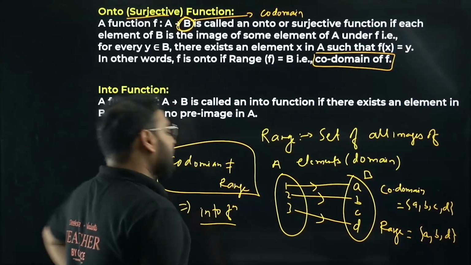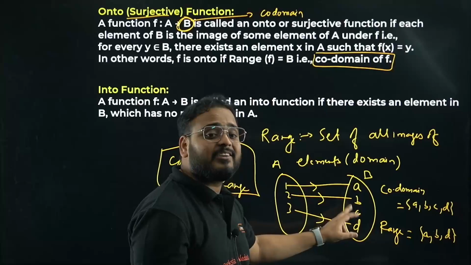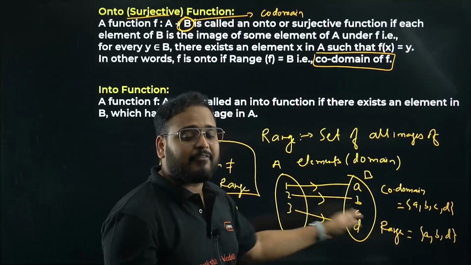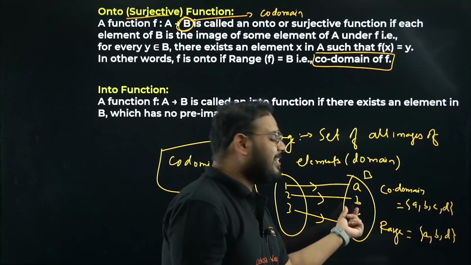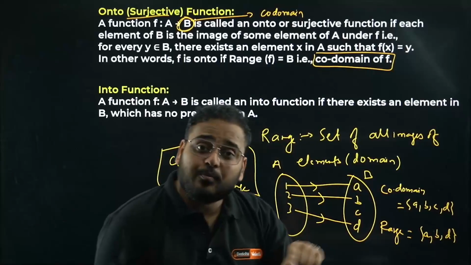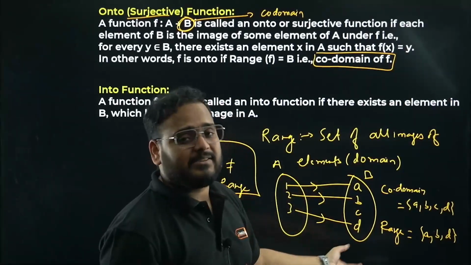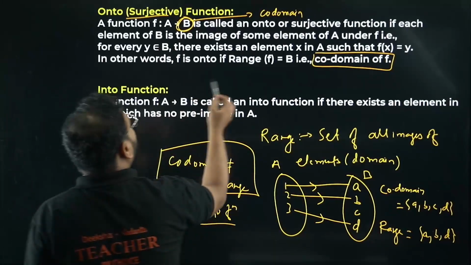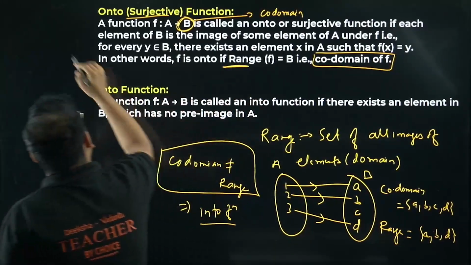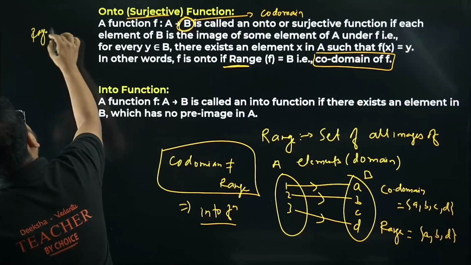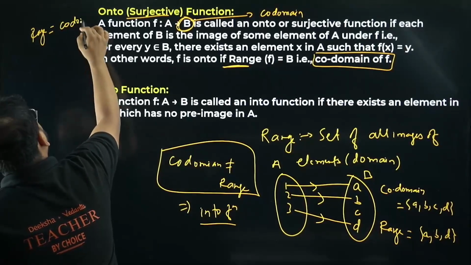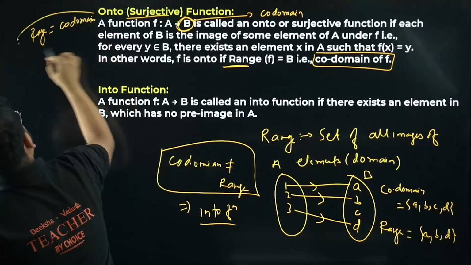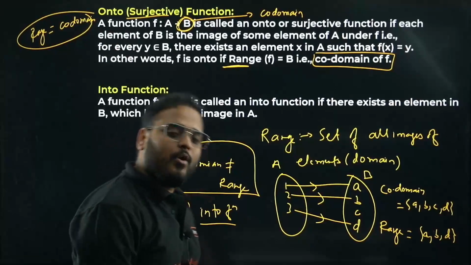Whenever you have something extra left out in the codomain after you do the mapping, then we call the function into. Whenever you have no extra part in the codomain, basically whenever the range becomes equal to the codomain, then you call the function onto.